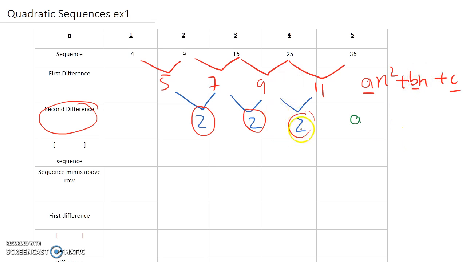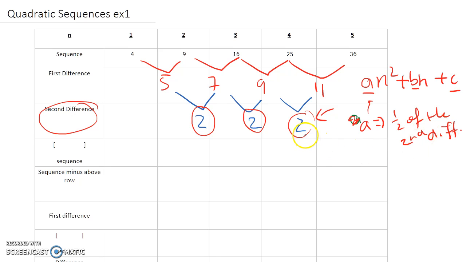The reason this 2 is important is because to work out the values of a, b and c, we need to go through this whole process. But the first step is working out the value of a. What we need to do is take half of this value. In other words, the value of a is equal to half of the second difference.